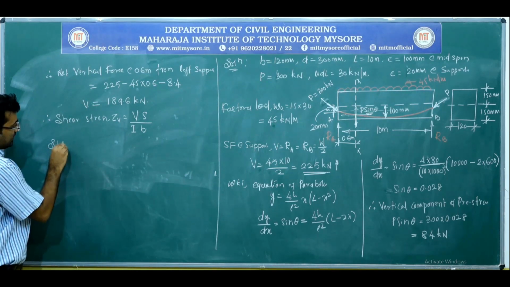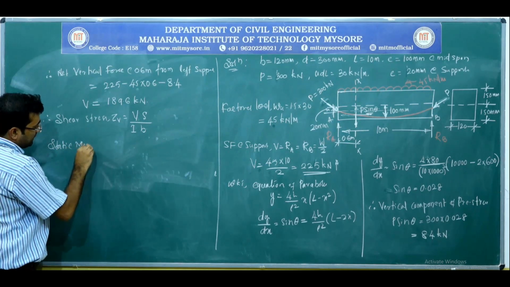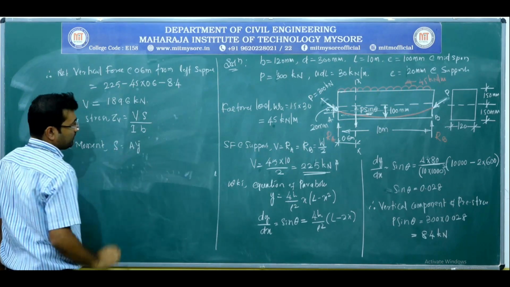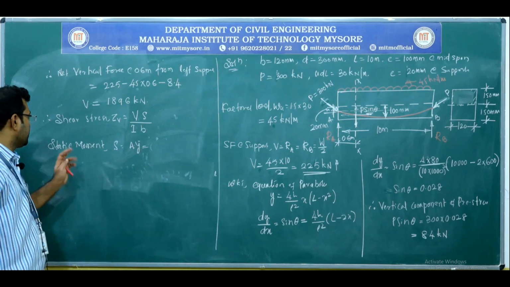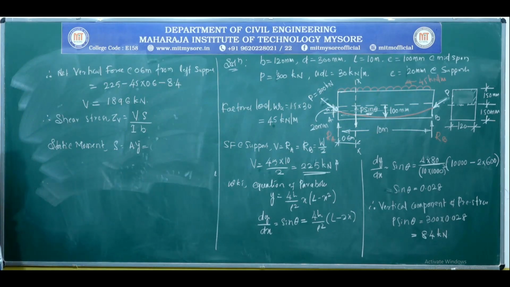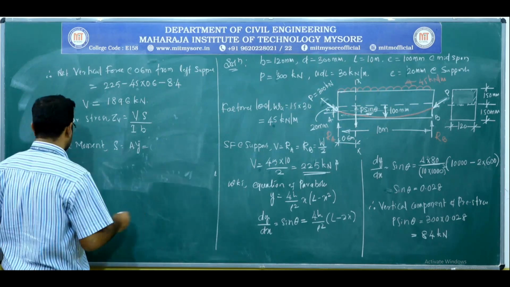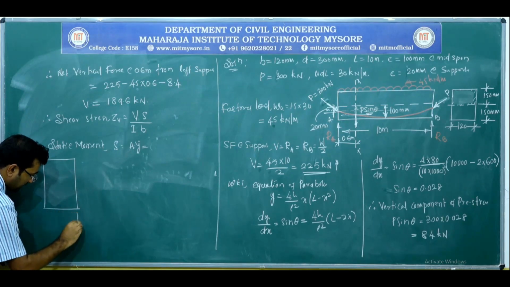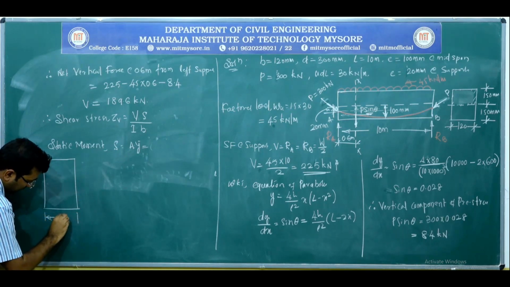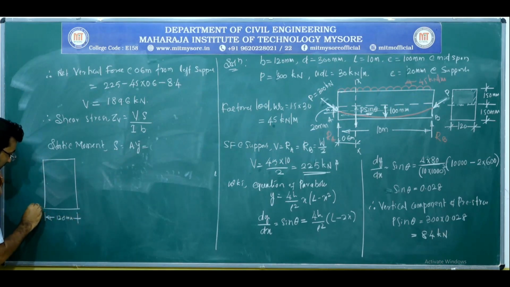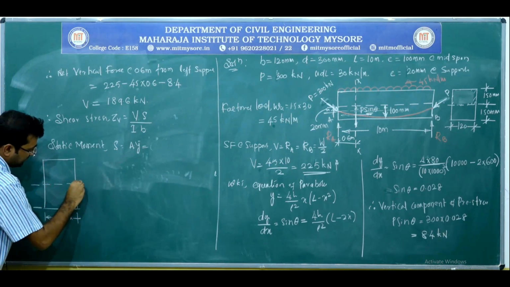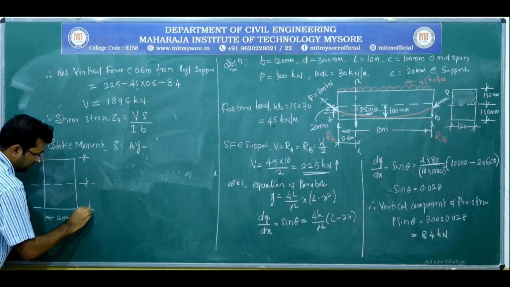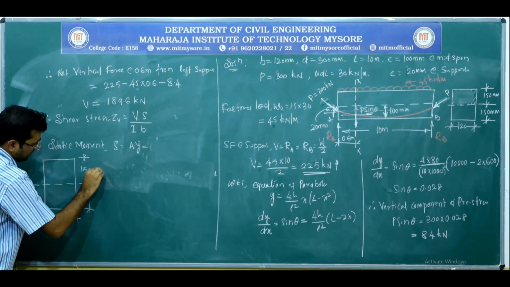Static moment S is A into Y bar. See here, I will draw a small diagram. This width is 120 millimeter. The neutral axis is somewhere here at a distance of 150 millimeter.